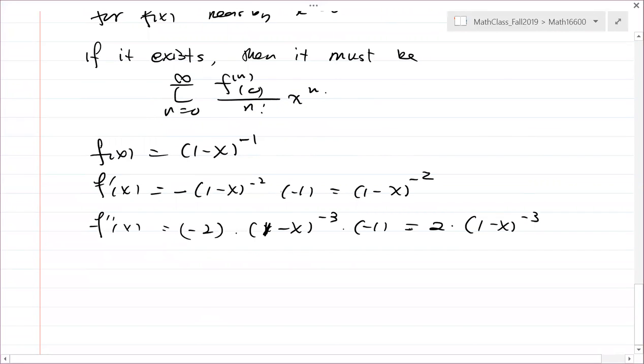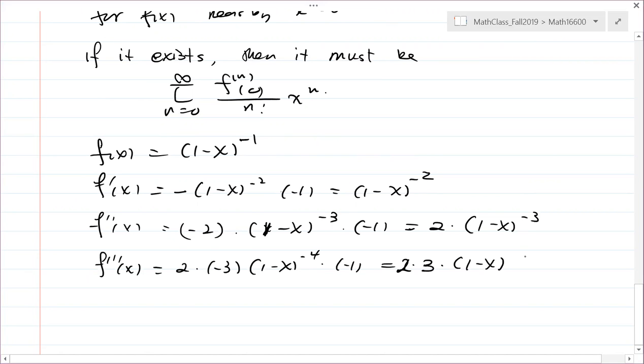Still no negative sign in front of the quantity. Let's try again. It's 2 times negative 3, 1 minus x to the negative 4, and negative 1. I find that it's 1 times 2 times 3 times 1 minus x to the negative 4.